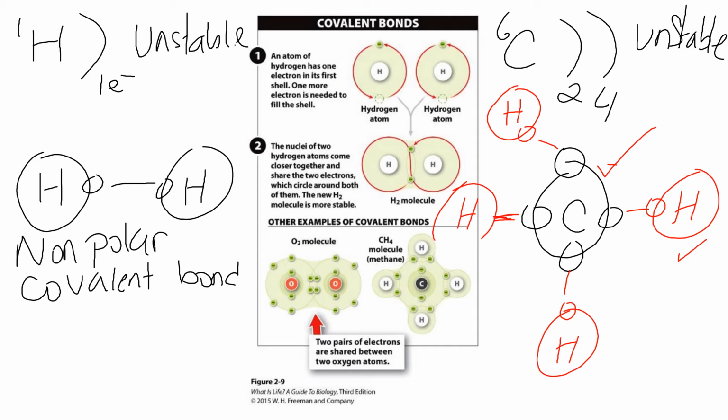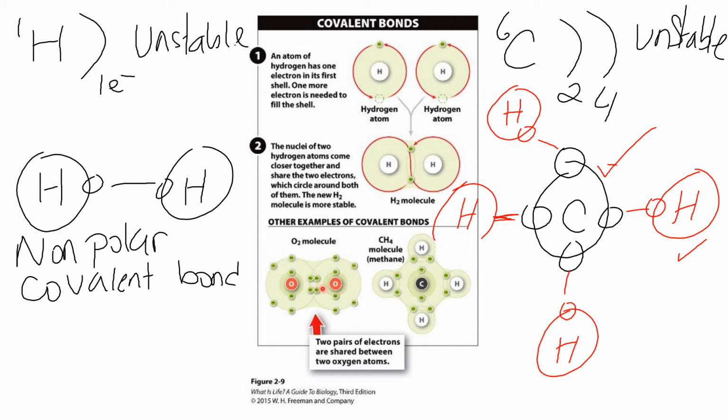This is just another example down here talking about how oxygen is also unstable. Oxygen is unstable because, again, its last electron shell is not completely filled up. So it can go ahead and share its electrons with another oxygen to become stable.